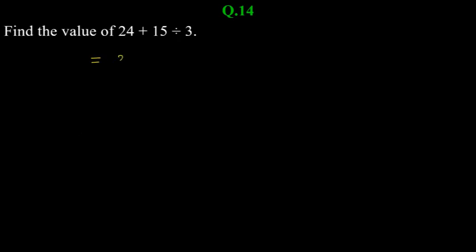Write it like 24 plus 15 divided by 3. Always write it like this so that you don't make the mistakes. It is 24 plus 5, 29. Here it is plus sign, Samarth, not multiplication sign. So after that, you need to add, not multiply.